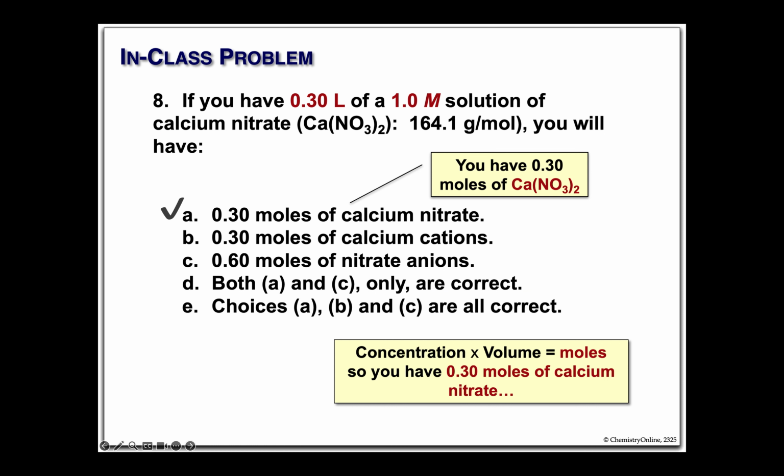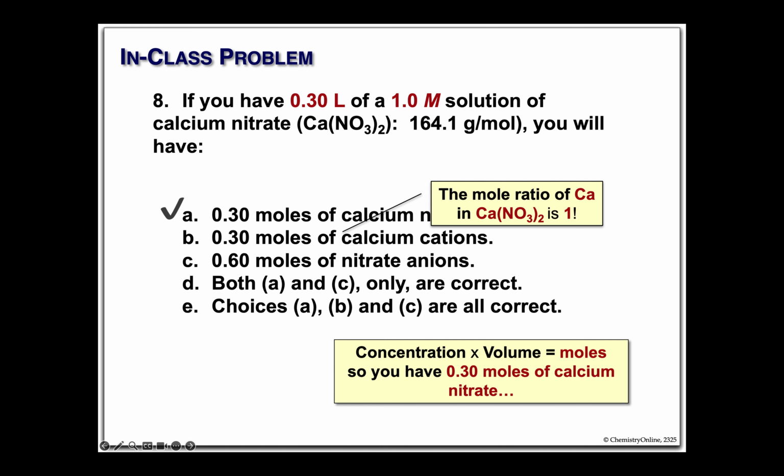0.3 moles of calcium cations. If we look at our formula here, the mole ratio of calcium to calcium nitrate is 1 to 1. If we have 0.3 moles of calcium nitrate, we also have 0.3 moles of calcium cations.